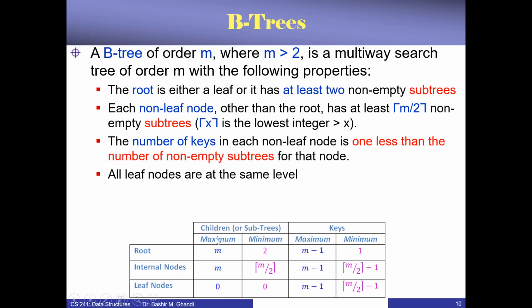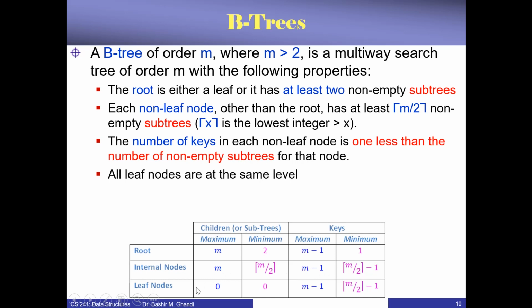Okay, maybe we can jump and talk about the maximum number of keys, therefore, because for the keys, you just subtract 1 from the maximum subtrees to get them. So it means the maximum number of keys for a root is m minus 1, because it will have m subtrees, therefore m minus 1 keys. Similarly, for the internal nodes, since the maximum is m subtrees, the maximum number of keys will also be m minus 1.